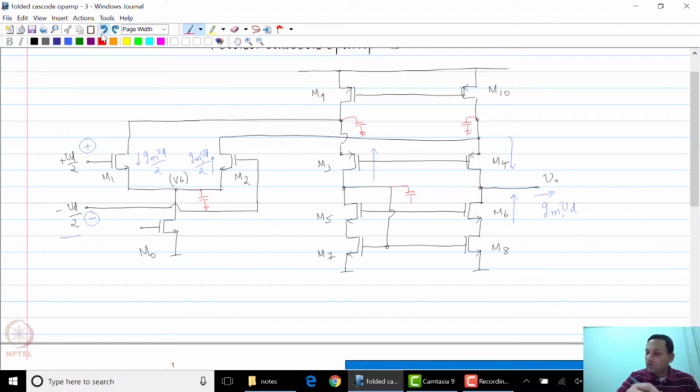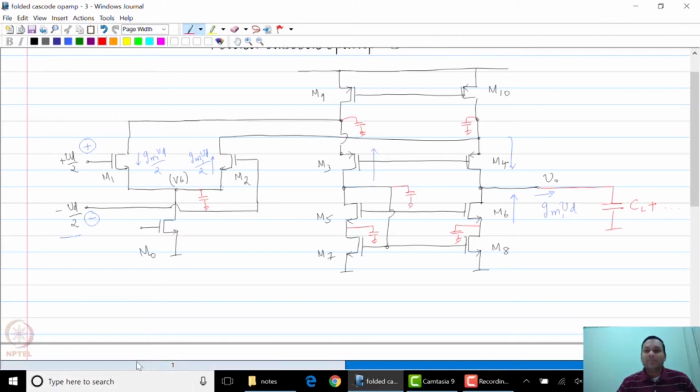And let us assume that you also have some load capacitance at the output, and so at the output node you have CL plus some parasitic capacitances. As you can see, you now have a large number of capacitances in the circuit, very similar to the telescopic op-amp. What do these capacitances consist of?